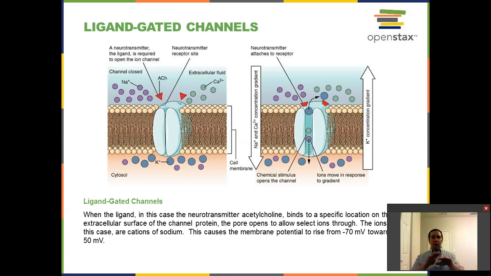It wants to get equal concentrations of sodium on the inside and outside, and it wants to get our voltage from a negative to neutral. And by rushing into the cell, it can accomplish both of those. And so this process starts by the opening of a ligand-gated channel.